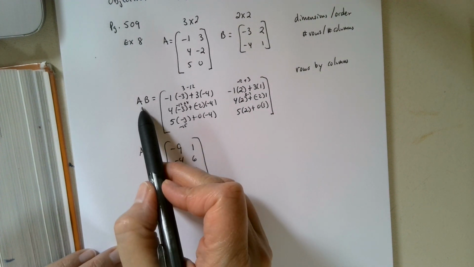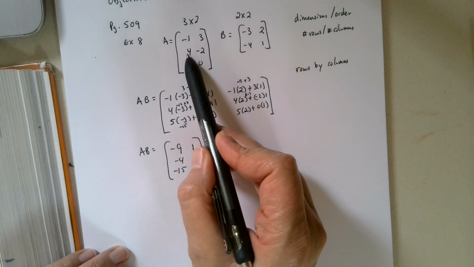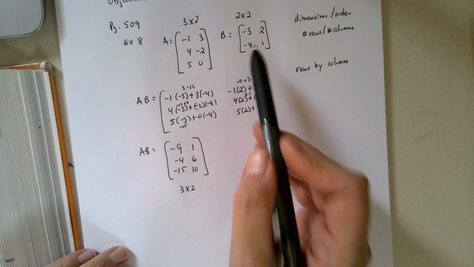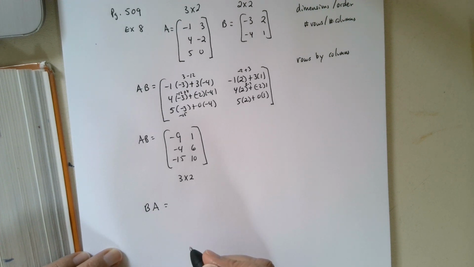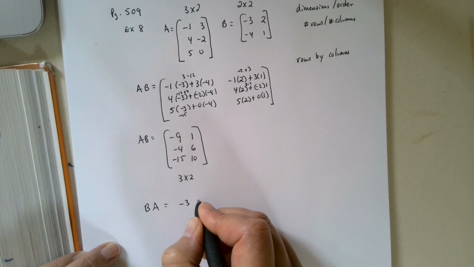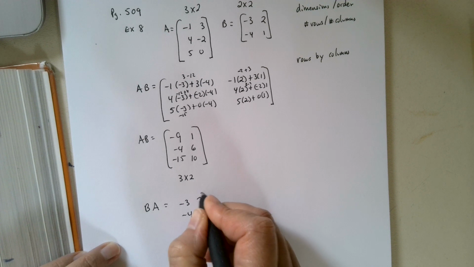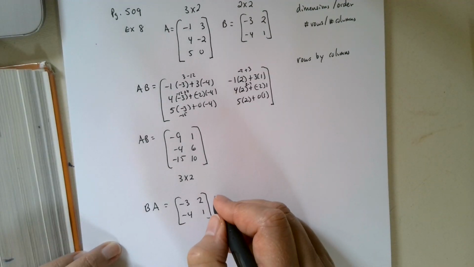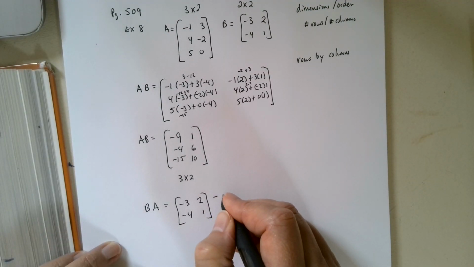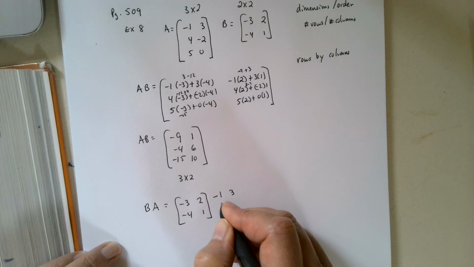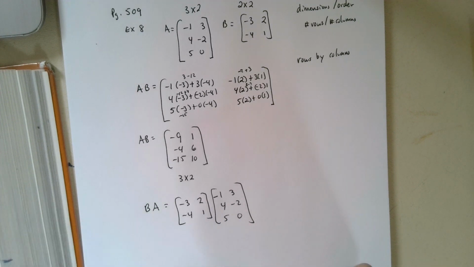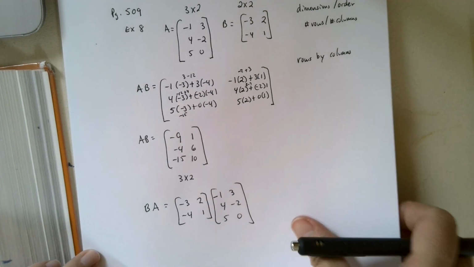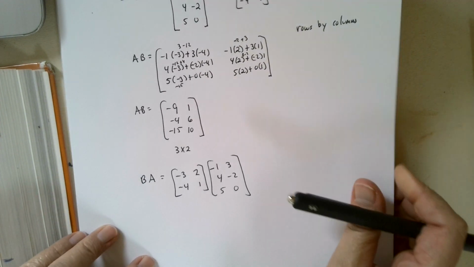So we did matrix A times B, rows of the first by the columns of the second. So let's see what happens if we reverse the order and we want to do matrix B, negative 3, 2, negative 4, 1, and we want to multiply that by matrix A, negative 1, 3, 4, negative 2, 5, 0. So we are to take the rows of the first matrix by the columns of the second.